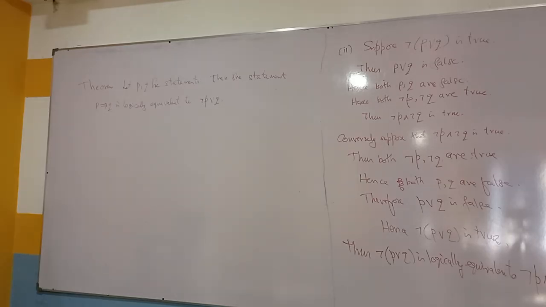Thus, when P implies Q is true, not P or Q is true. And if P implies Q is false, P must be true and Q must be false. Since P is true, not P is false. Thus, not P or Q is false. Yes, if we take the negation of both statements, we can show that it's equivalent.